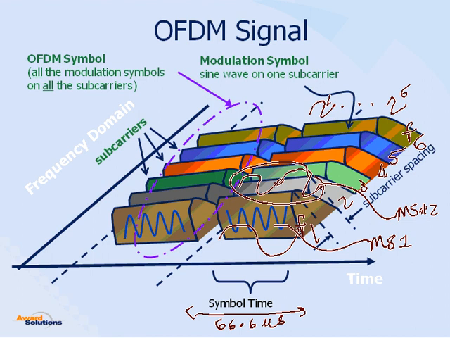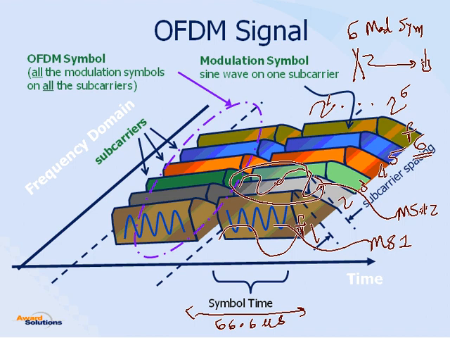So in this case, we are able to send 6 modulation symbols because we are using 6 subcarriers. So at the same time, we are getting 6 modulation symbols. So from base station to the UE, 6 modulation symbols in a single shot because we have 6 subcarriers.